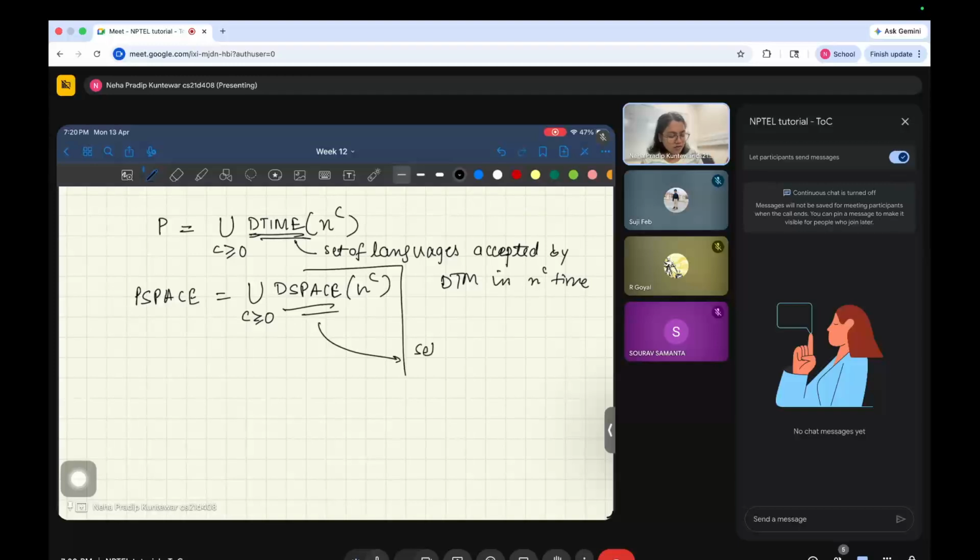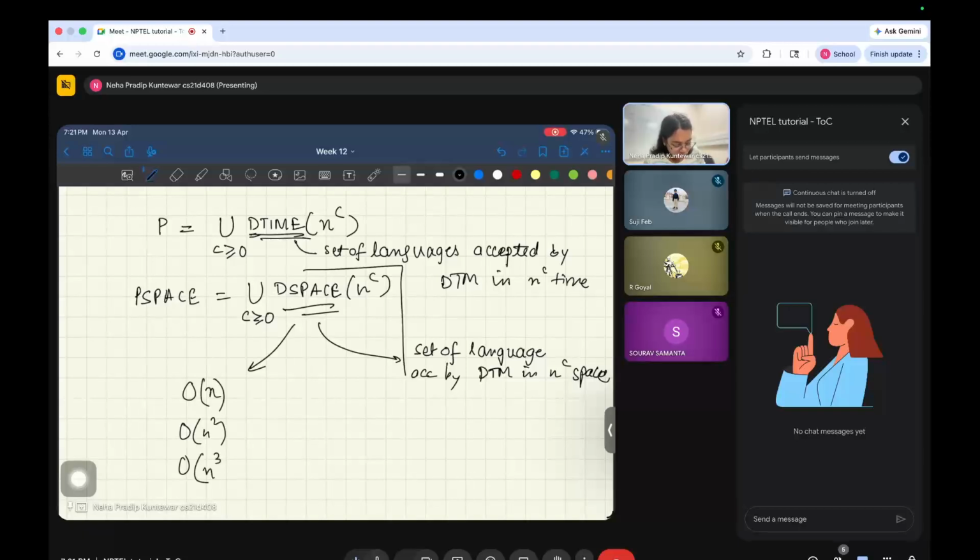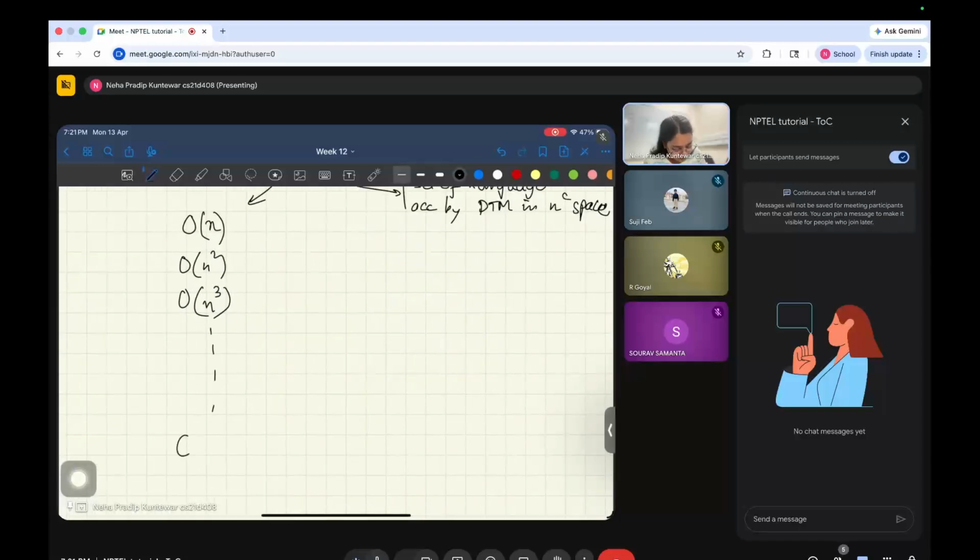This is the set of languages accepted by deterministic Turing machines in n to the c space. So basically you're allowed order n space, order n squared space, n cubed, and so on. Anything a power of a constant, right?